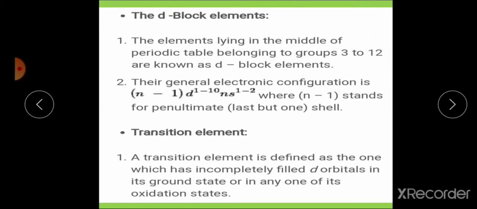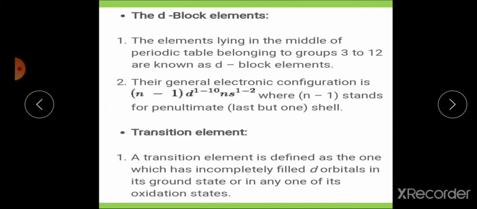Here n is the valence shell, the last shell, while n-1 is the penultimate shell, meaning the second last shell.